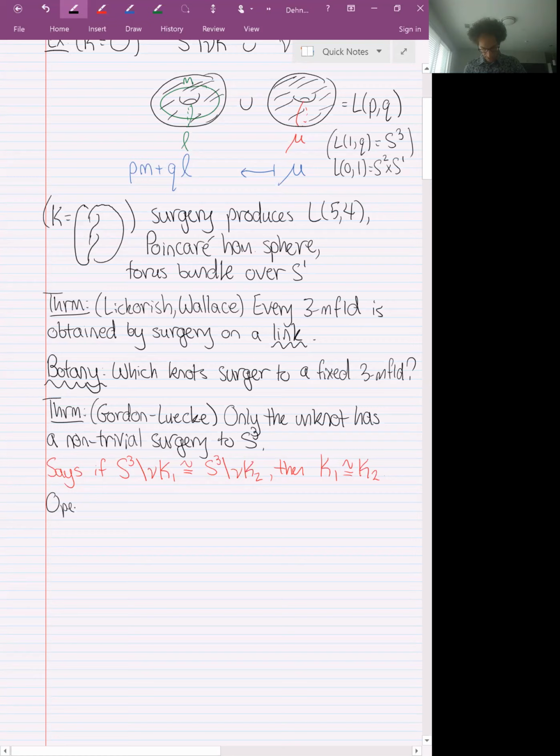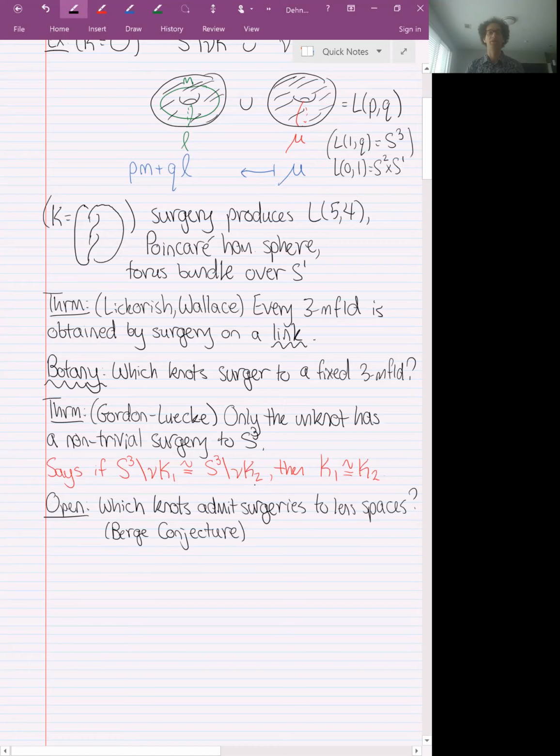So let me point out the following, which is that it's open as to which knots admit surgeries to lens spaces. And this is what's known as the Berge conjecture, and it's still a very, very long outstanding problem.